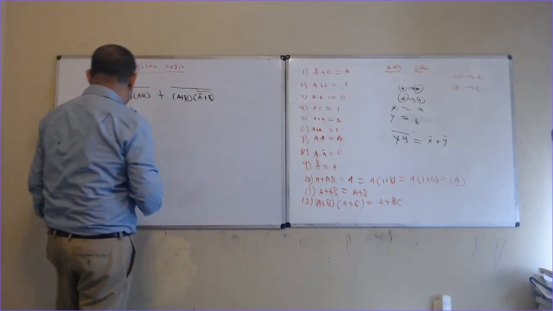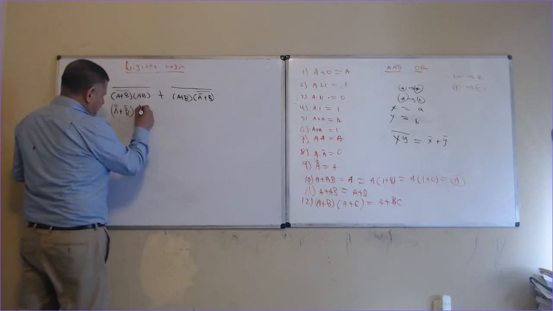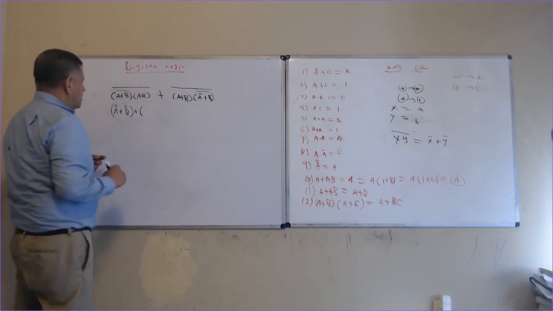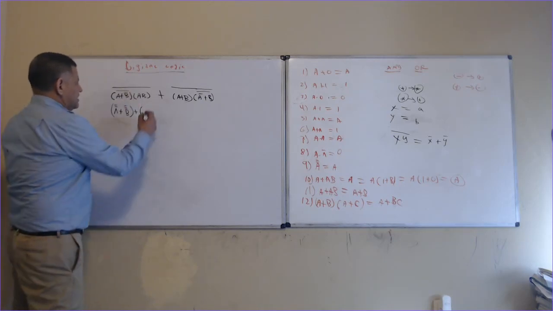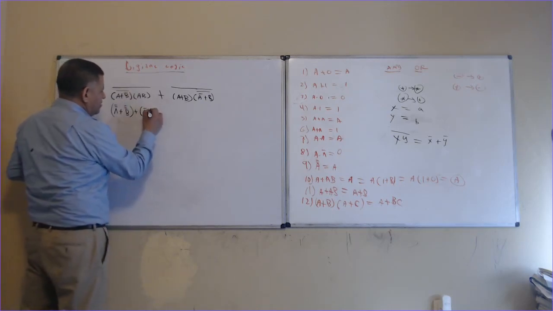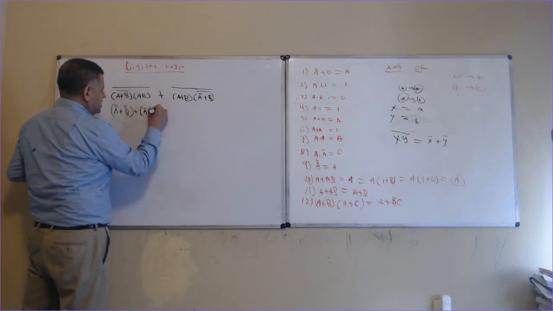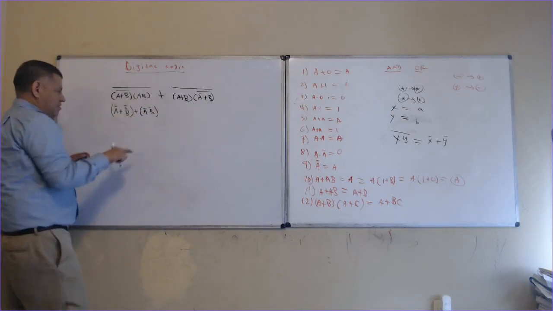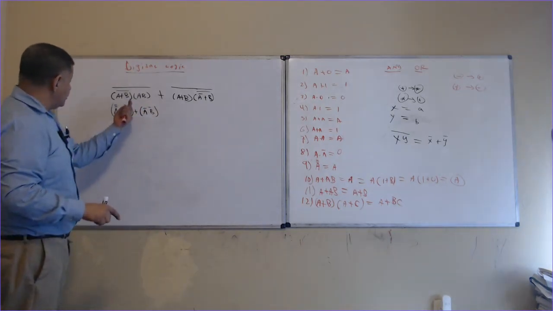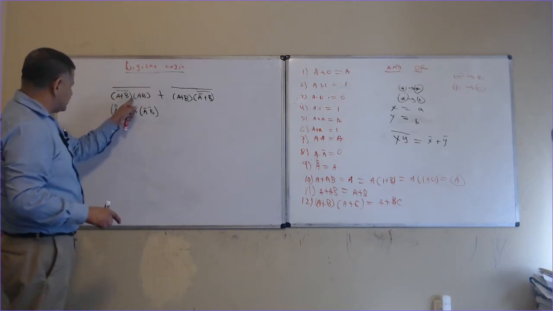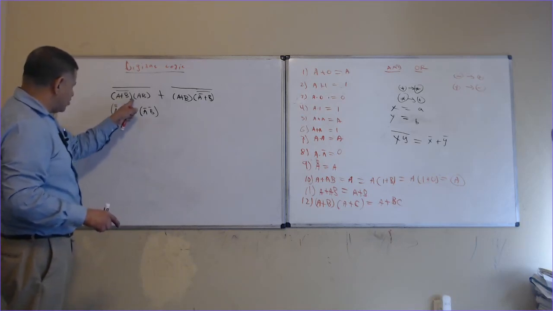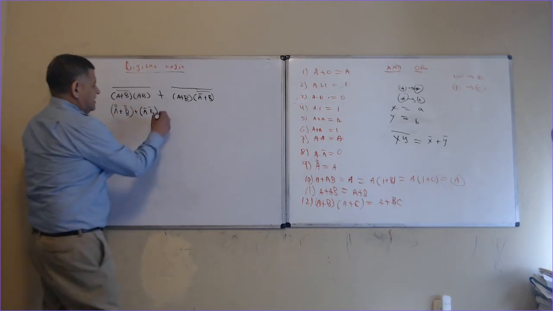Plus, then what is above this? Well, it's A bar, B bar, right? So the only thing that I changed is this one. I have not changed anything else, but just the sign between this and this, because the multiplication I put a plus.